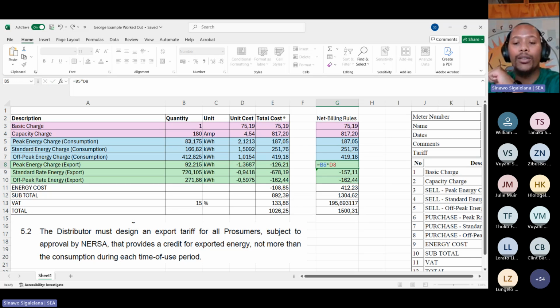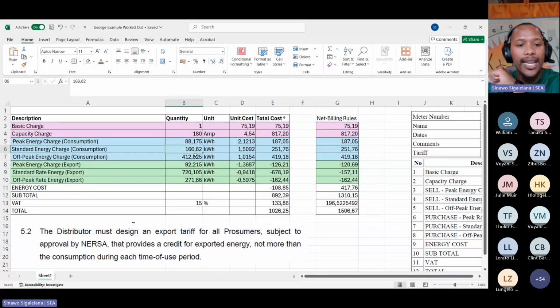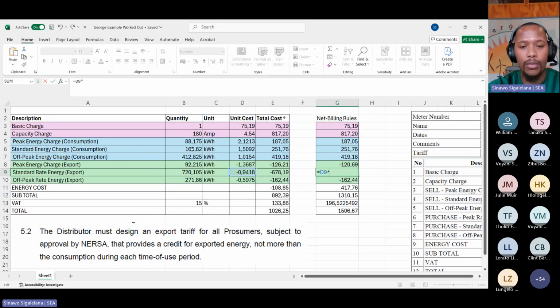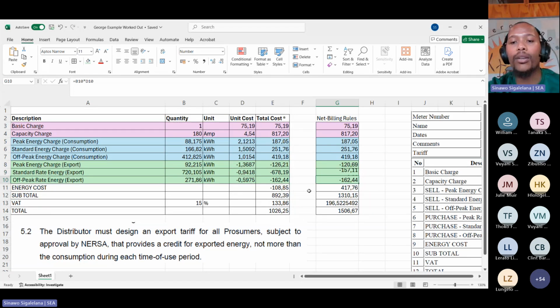Because it says not more than the consumption of that period. For the second one, because it's higher than this, you can't take 720. So the maximum is the consumption. You take D9 and multiply it by this maximum. As Clint said, anything else that is a difference, you carry over to the next month, right?